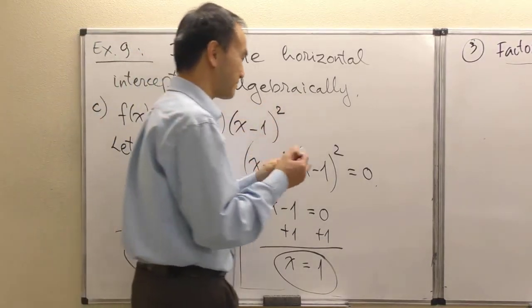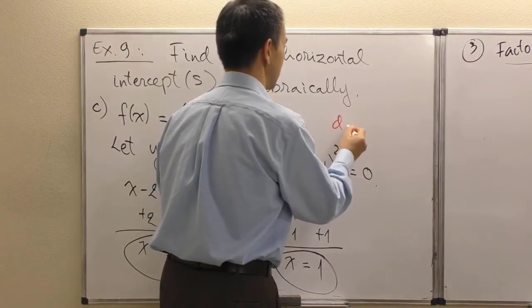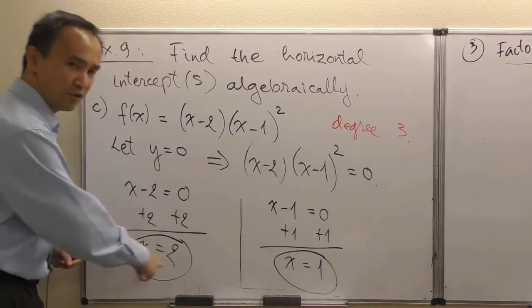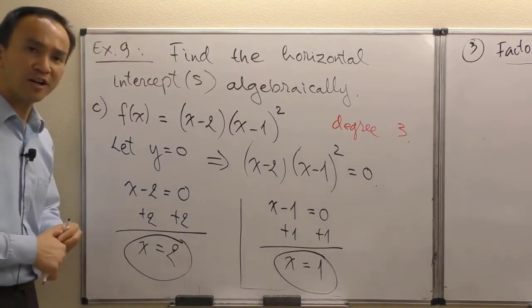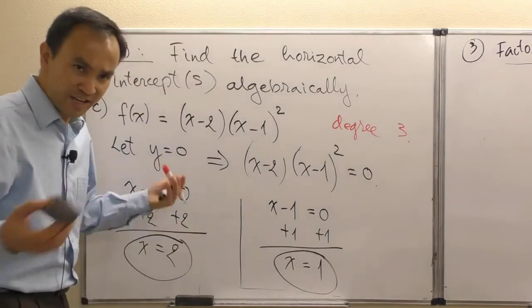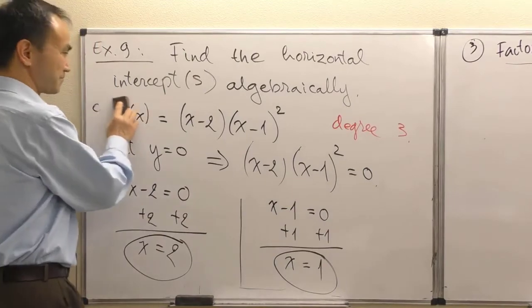So this is degree 3, but we only found 2 horizontal intercepts. And now another one, to keep getting you comfortable with the idea.